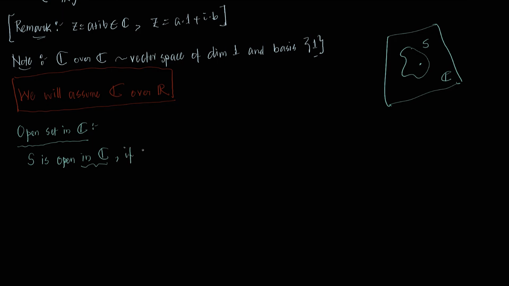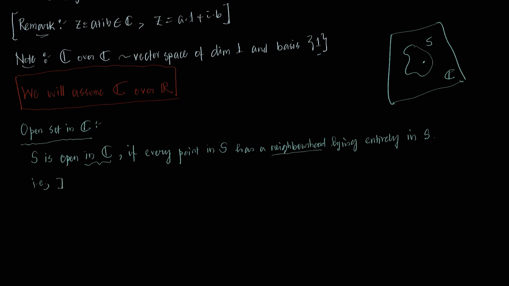If for every point in S, if you take a point in S, it has a neighborhood lying entirely in S. I will explain what neighborhood means. Whenever I say neighborhood, mathematically speaking, there exists an epsilon greater than 0 such that the ball containing the point.